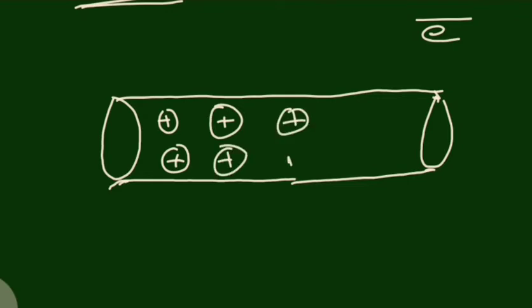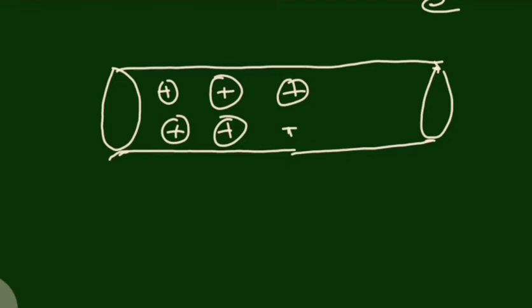So inside a conductor, we have positive ions and we have electrons, and the movement of electrons will constitute the current.